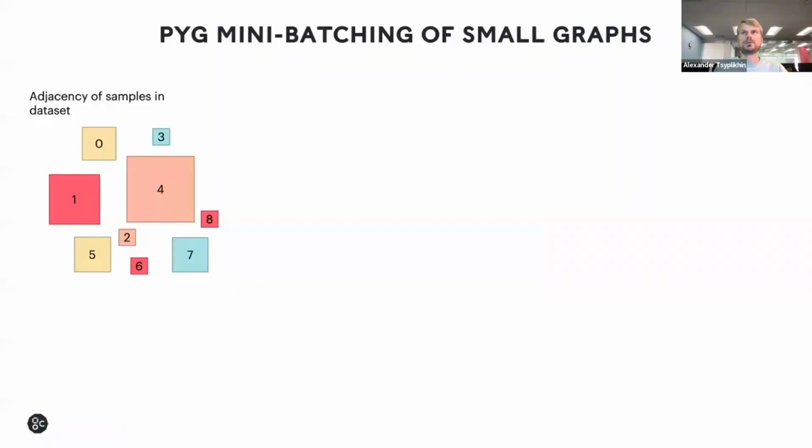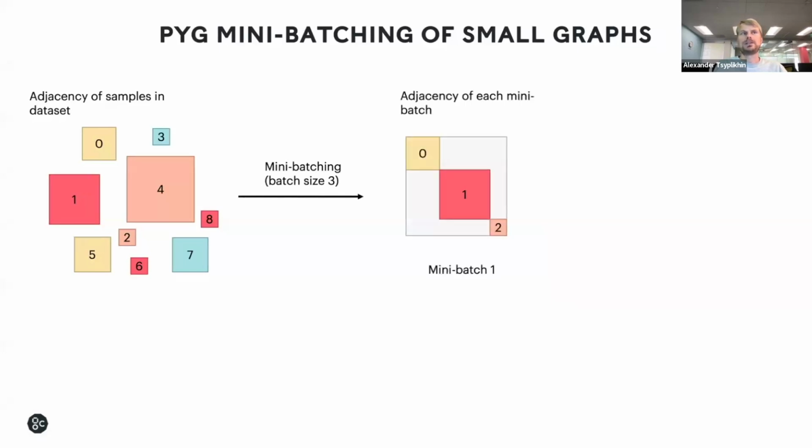So how do we enable this fixed size requirement for the tensors, including the model inputs? Typically for small graphs, PyTorch Geometric creates batches of the input samples by putting them, say, for batch size 3, in adjacency matrices as shown here.